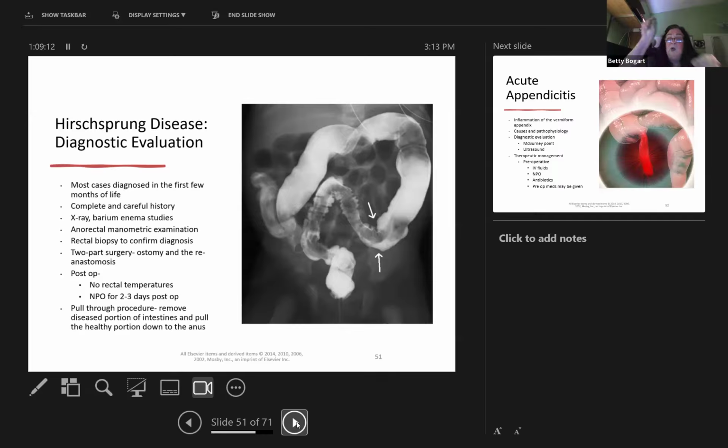And other times we can attach it, and we call that a pull-through procedure. And that will pull the intestines down and there's never a break and you never have a bag, a colostomy. Usually with Hirschsprung's disease, by 1 year old, if they had to put a colostomy, they can reconnect it. That's usually the goal, again, before potty training.